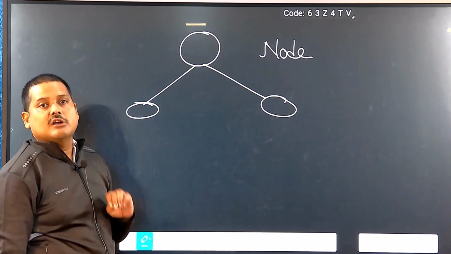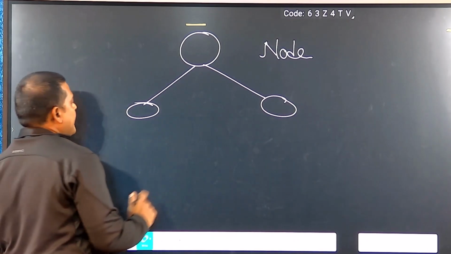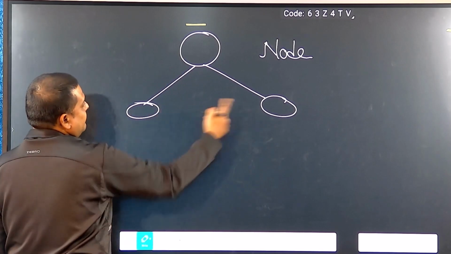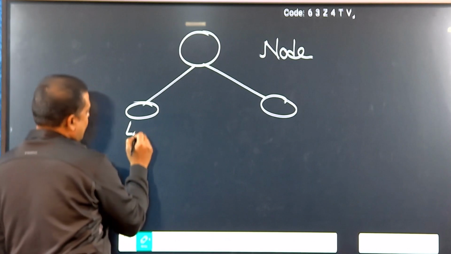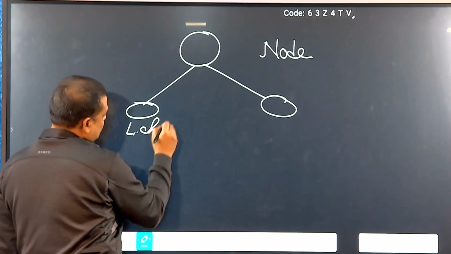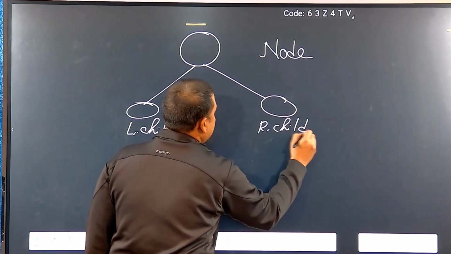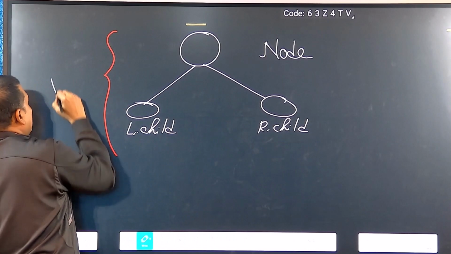That is called the single linked list or doubly linked list. But here, one node can have two different children. This is called the left child, and this is called the right child. This type of tree is called a binary tree.